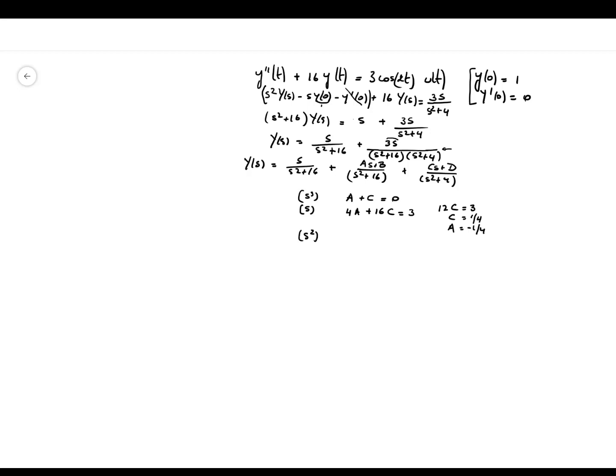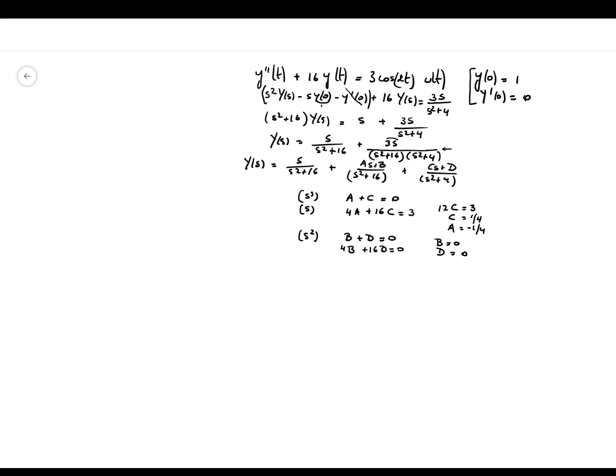So we'll have b plus d is equal to 0, and we'll also have 4b plus 16d is equal to 0, and this will lead to b is equal to 0 and d is equal to 0, right?